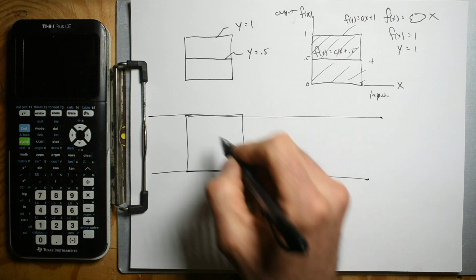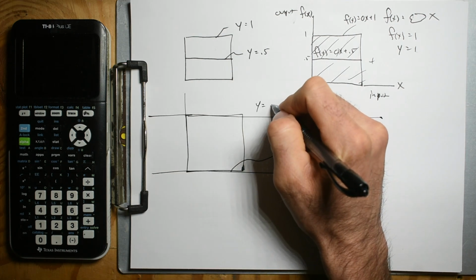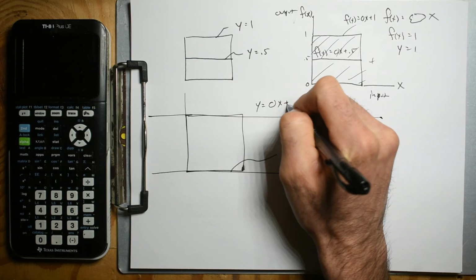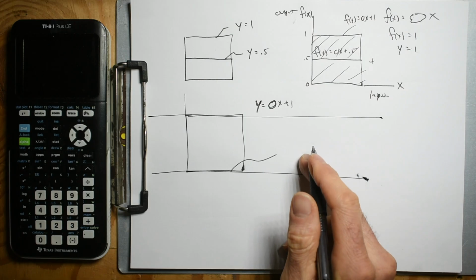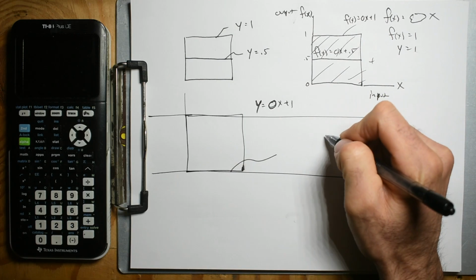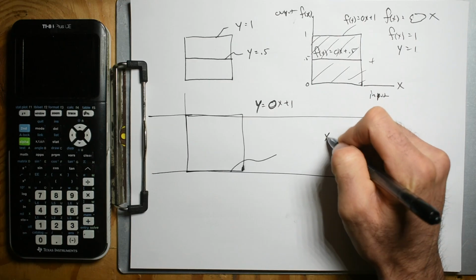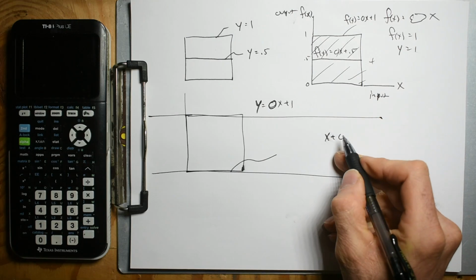Just because if this is our equation, y is equal to 0x plus 1, and we're taking the integral. And let's say we already know the integral, and it has to be x plus a constant. This is the equation that we get.